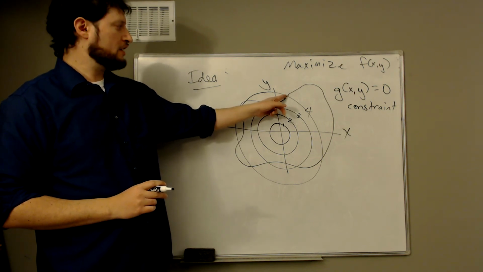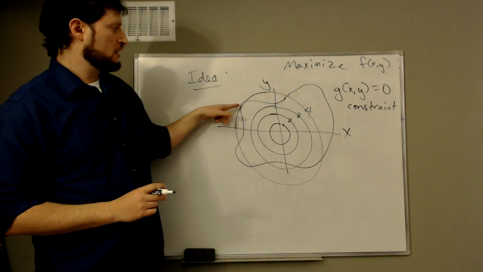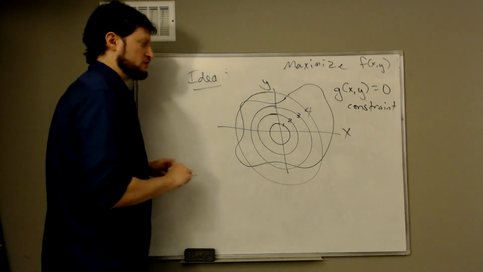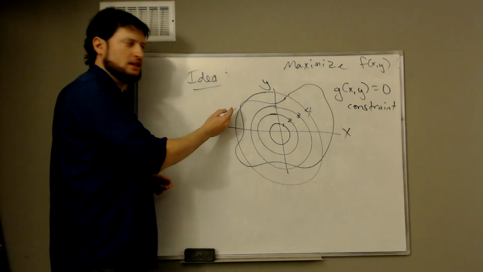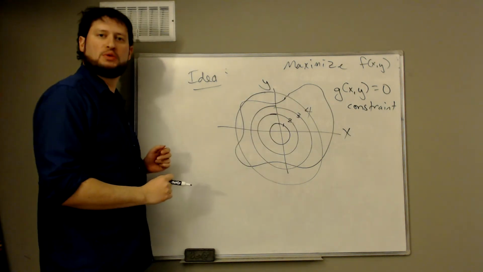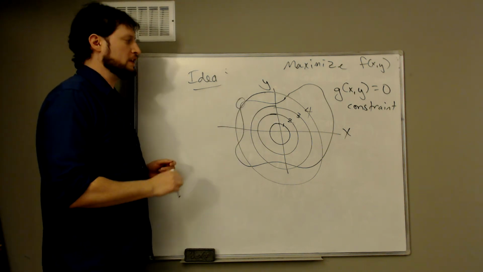Well, yes, it does. I know that I have a value that's bigger than 4 because, say, right over here, my constraint curve goes outside the level curve of 4. And if the function values are getting bigger as we move out, then right in here, I have a slightly larger z value.